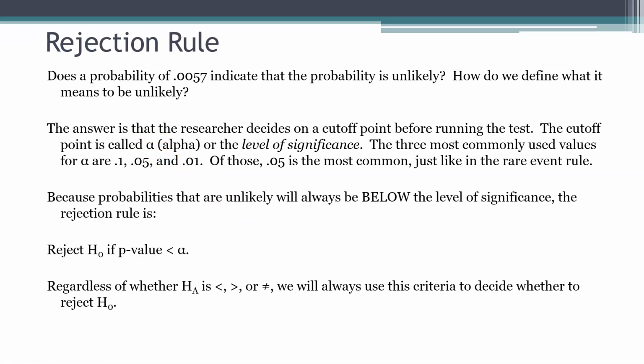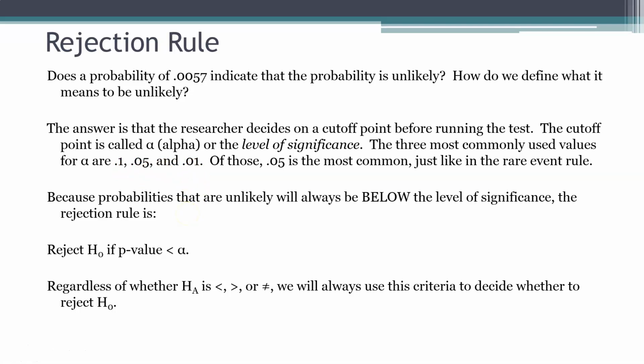This is something that's set before the test starts. And if they ever don't specify, use 0.05. But the three common values of alpha are 0.1, 0.05, and 0.01.